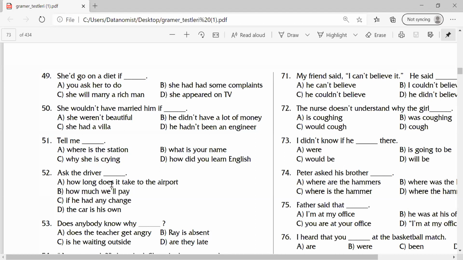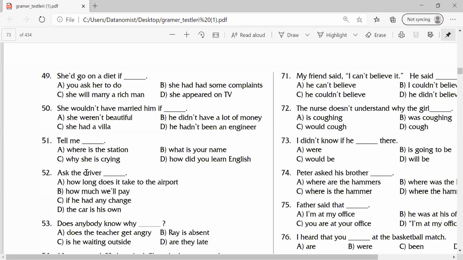Ask the driver what? Whatever you put, that should be conjunction, subject, verb. How long does it take to the airport? Question form. How much we will pay? If we had any change, the car is his own. Okay, which one do you think fits here?